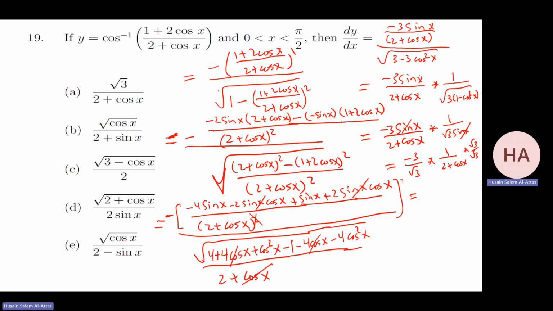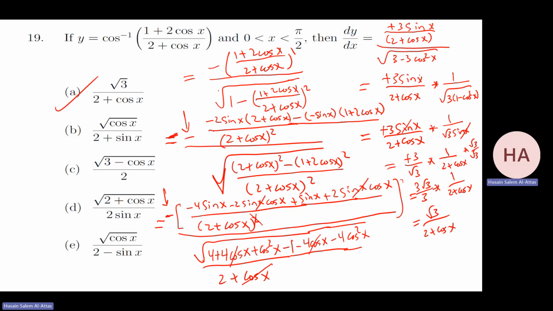Yeah, there is a minus here. So this will be plus, that will be plus, that will be plus. So I have 3 square root of 3 over 3 times 1 over 2 plus cosine x, which is square root of 3 over 2 plus cosine x, which is this one.